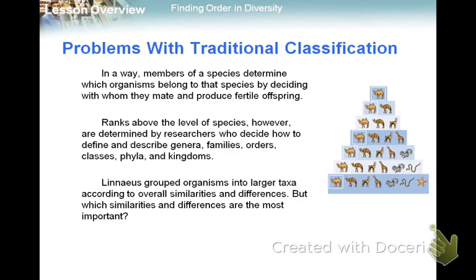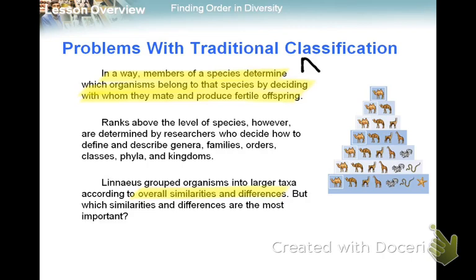There are problems with this initial classification system, and I already made reference to it a little bit. Overall similarities and differences are structural here. We didn't know anything about genetics, DNA, proteins, amino acid sequence, those kinds of things. Species is decided by determining who mates with whom and produces fertile offspring.